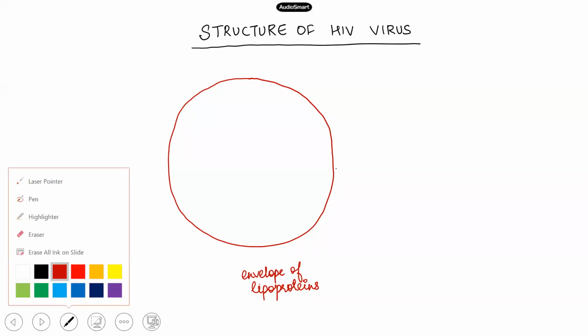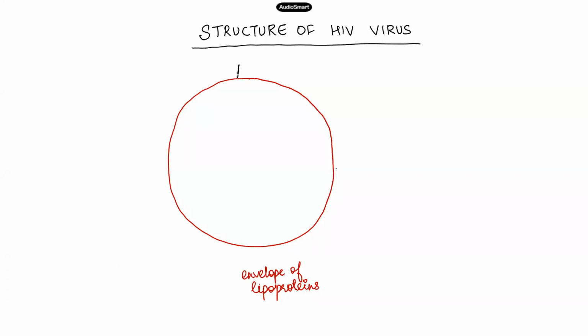So we are going to draw that. There are vertical stalks like this on the virus. These are referred to as transmembrane stalks, which are nothing but glycoproteins, and these glycoproteins help in the viral attachment to the CD4 plus cells of T lymphocytes.